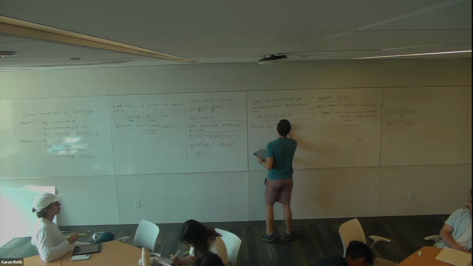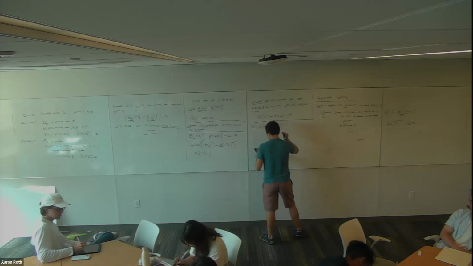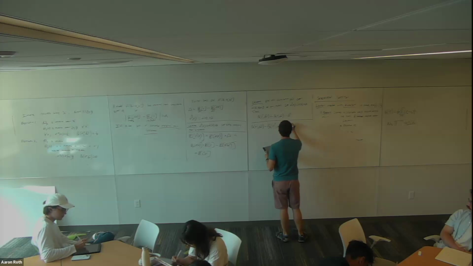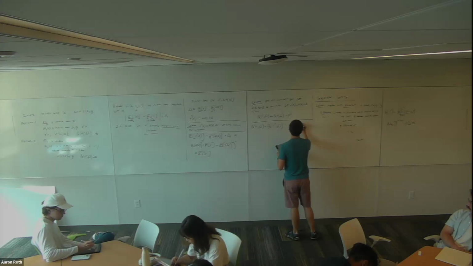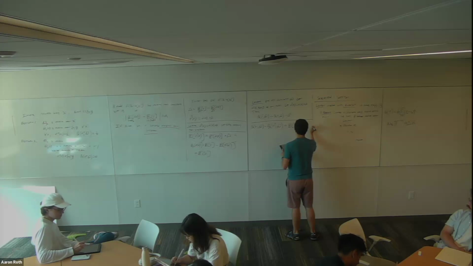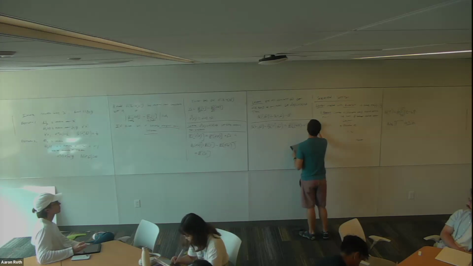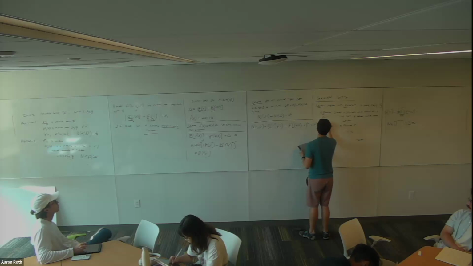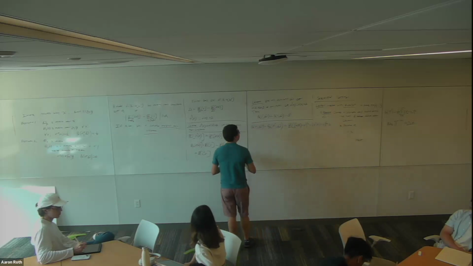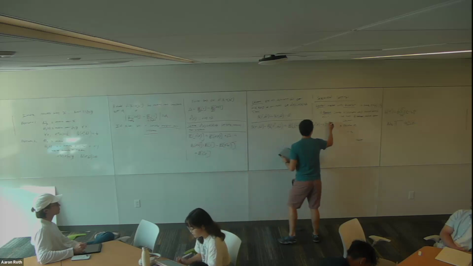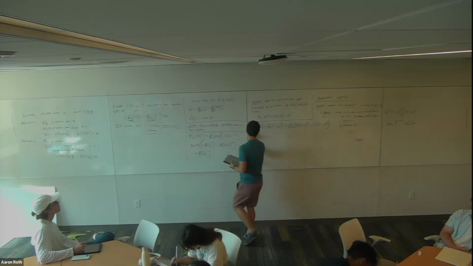Well, you can write it out: the expectation of the squared error of f of x minus y squared, minus the squared error of f hat of x minus y squared. And we can expand out these quadratics.